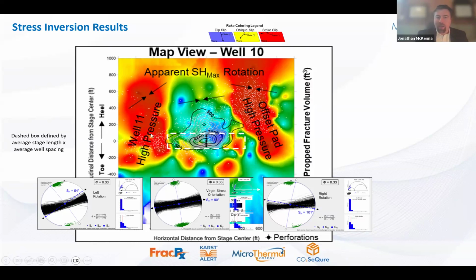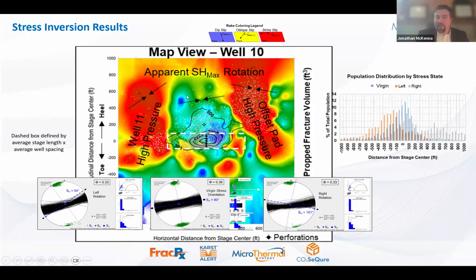And then when we have offset areas, we have rotations in the apparent SH max, like we would expect from theoretical geomechanics. And in this case, this apparent left lateral rotation tends to be more on the left side of the wellbore, whereas this apparent right lateral rotation tends to be on the right side of the wellbore. So depending on which side of the wellbore you're on, you cause these apparent rotations in SH max.